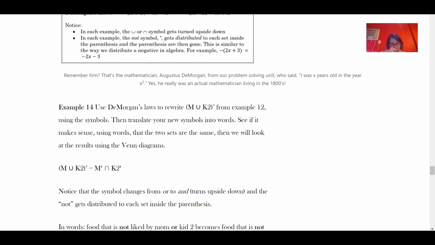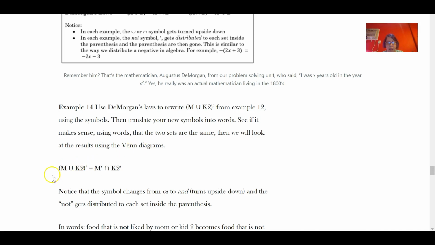So you notice here that the union becomes an intersection and that this not symbol goes to each one of these. And in words, the first one is food that's not liked by mom or kid two. One not and an or.